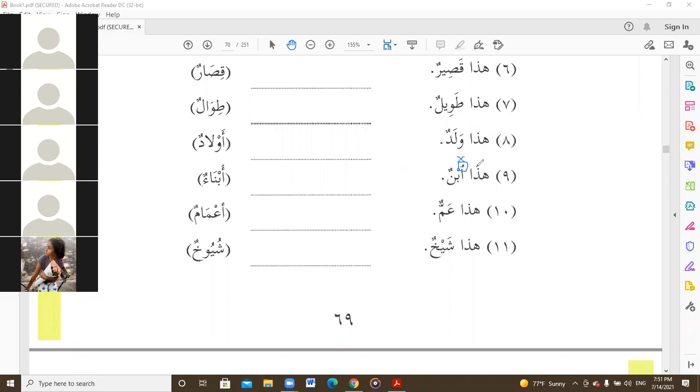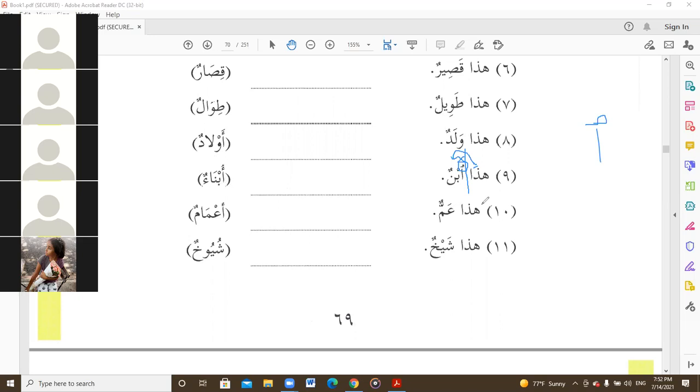So hada ibnun, the fatha in hada has to connect to the ba with the sukun, unless we're stopping here. Because this is the rule of hamzatul wasl: we pronounce it if it's at the beginning of speech, and we skip over it if it's in the middle. So hada ibnun haula'i abna'un.